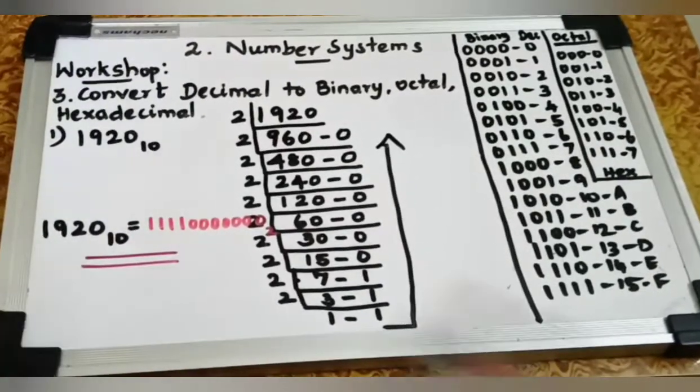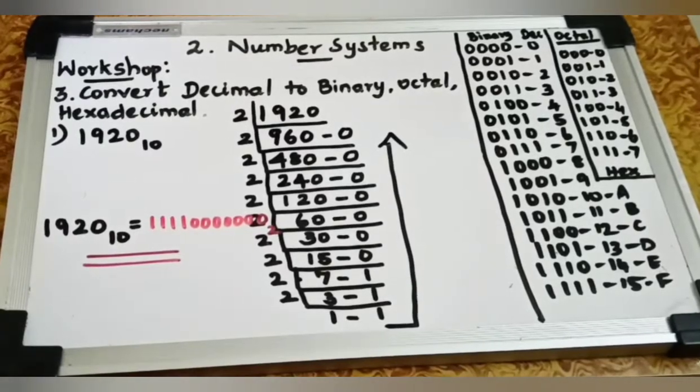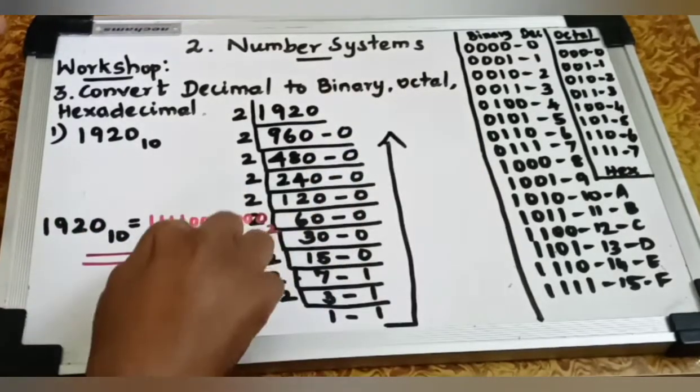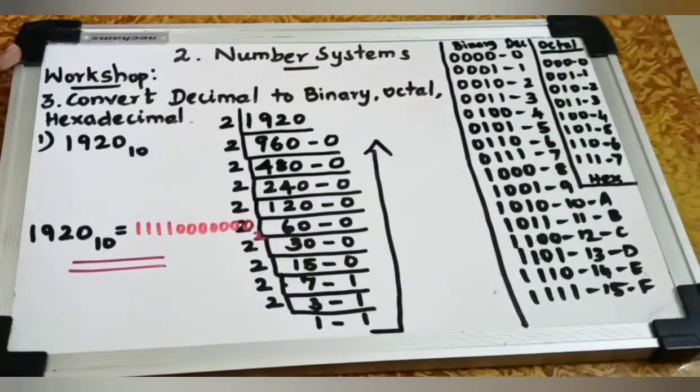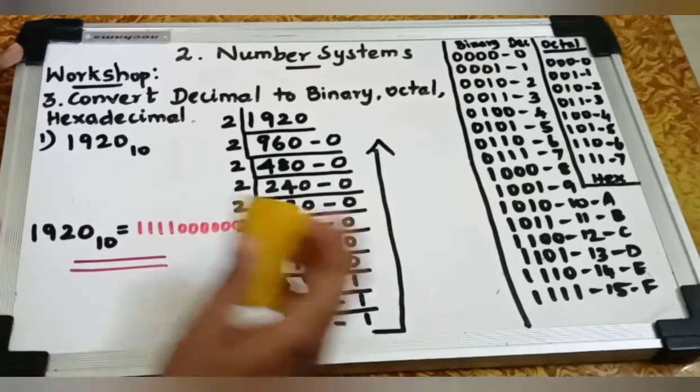Then, after this, to convert this binary value to octal and binary value to hexadecimal, I will show how to convert now.